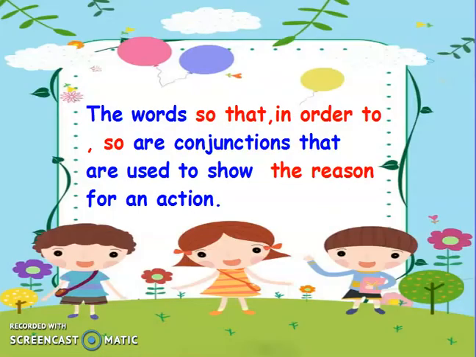Okay, so the words so that, in order to, and so are conjunctions, and these are conjunctions for purpose that are used to show the reason for an action. We use them to show the reason for the action.